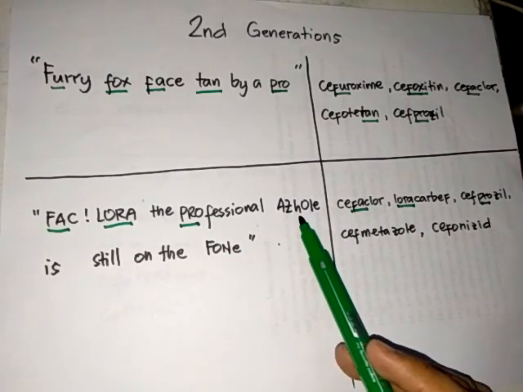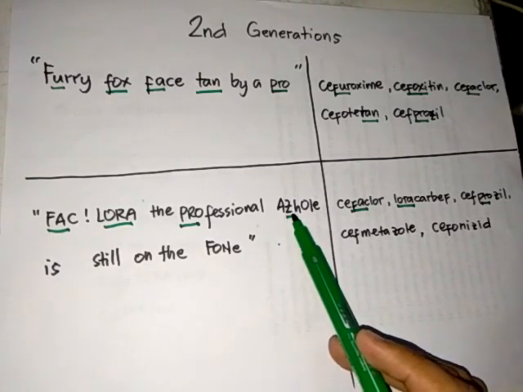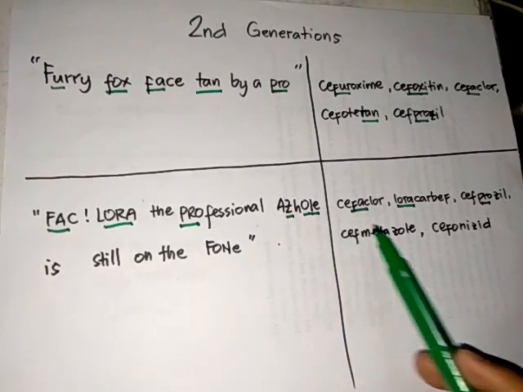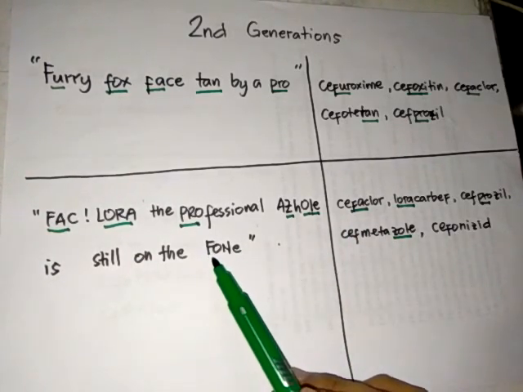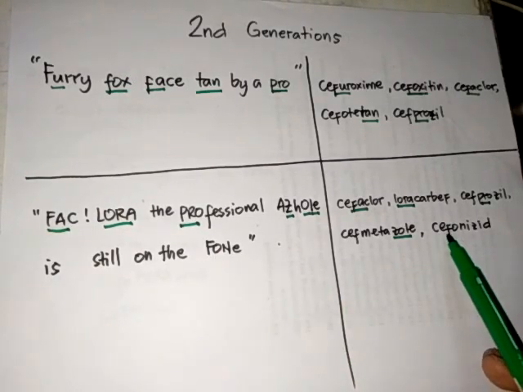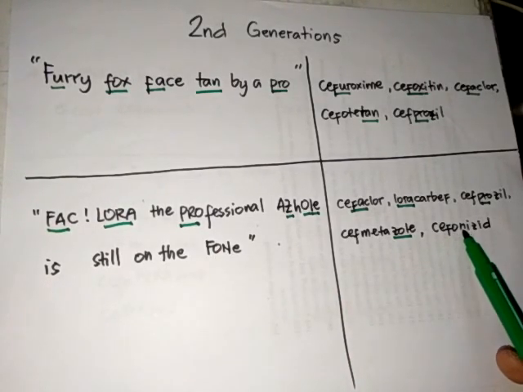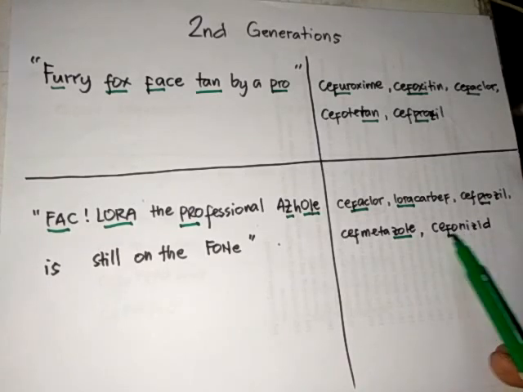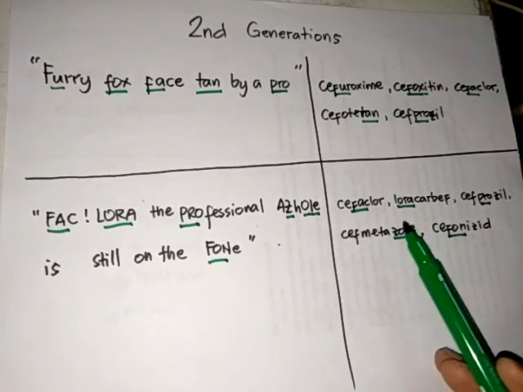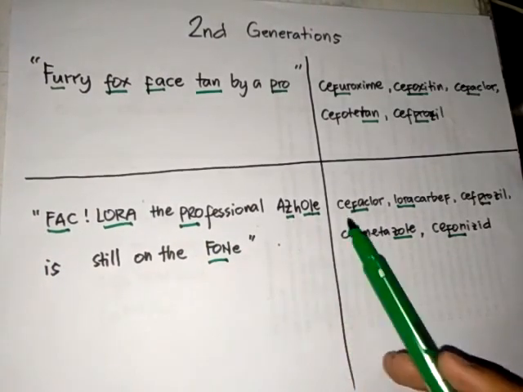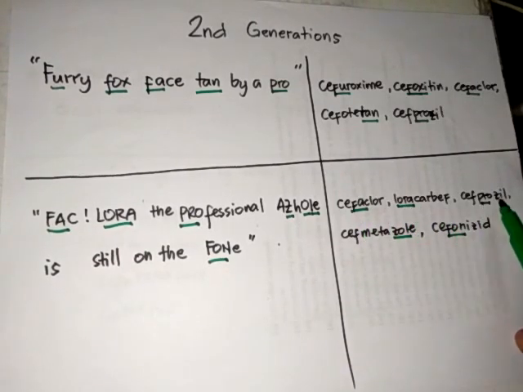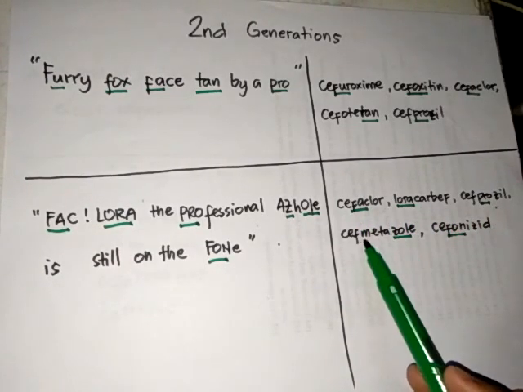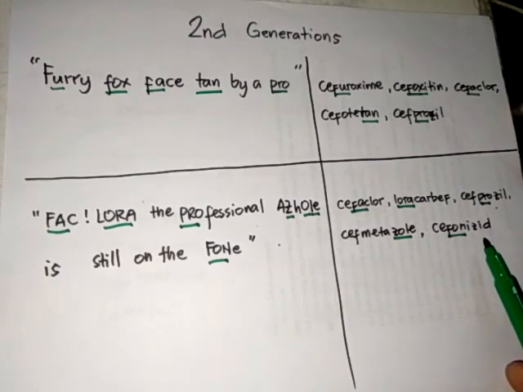Next is asshole, there's Z, O and LE, cefmetazole. And then phone, cefonicid, FON. Again, that is your cefaclor, Loracarbef, cefprozil, then cefmetazole, cefonicid. That's for the second generation cephalosporin.